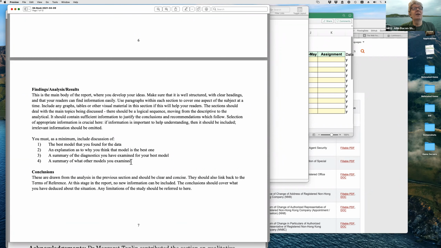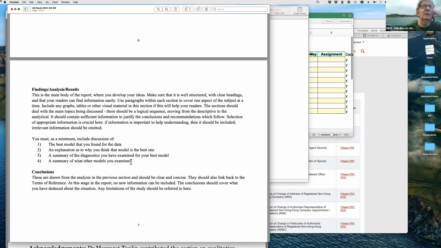The summary of other models means there must be at least 1 table, and the summary of diagnostics means there must be at least a couple of diagnostic plots. Those would probably take up 1 or 2 pages already. Then there should be at least another page of explanation as to why that model is the best one. So somewhere around 3 or 4 pages is probably enough, but definitely not more than 6.